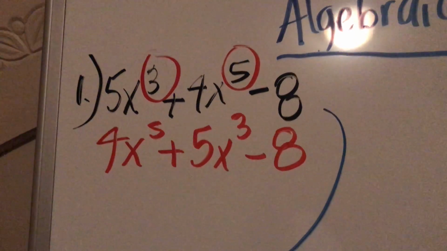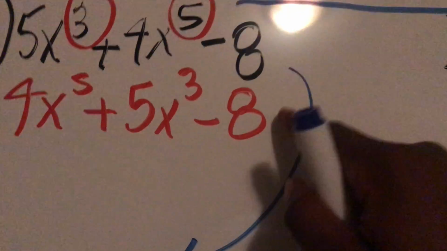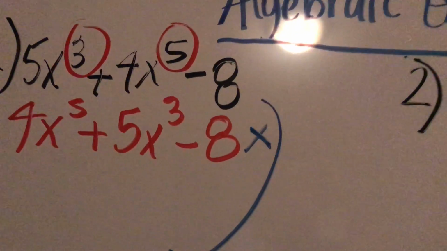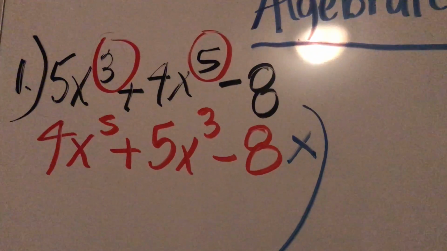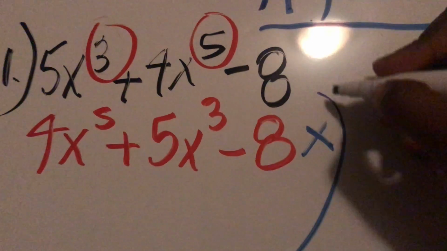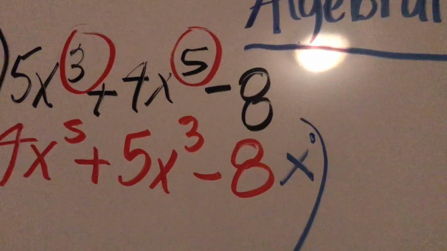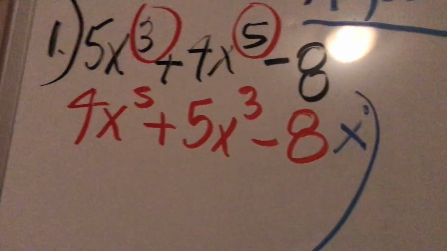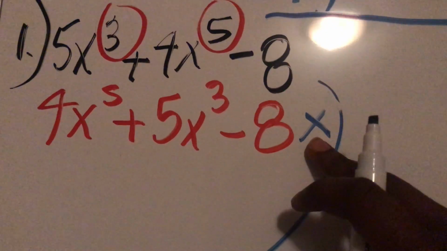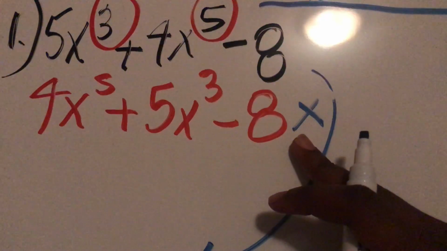So, just say that this 8 right here had an x behind it. You can't do that, but I'm just saying, I'm going to erase it. If it had an x behind it, there's, of course, an imaginary 1 here. So, even if it's just an x, you still have to count that when they're asking for your degrees.